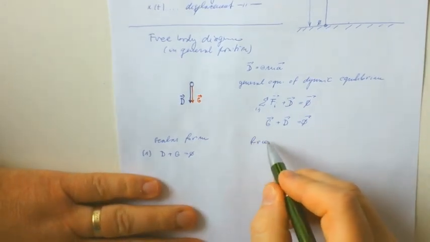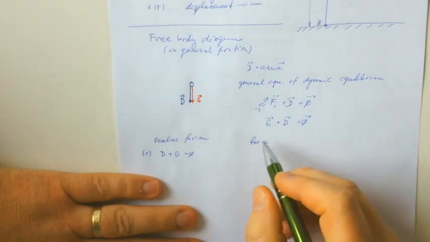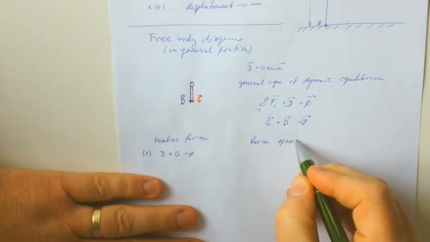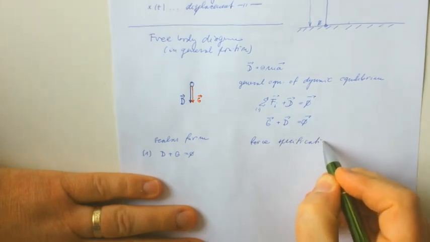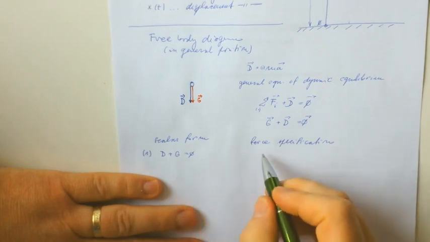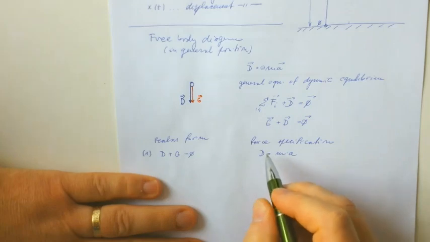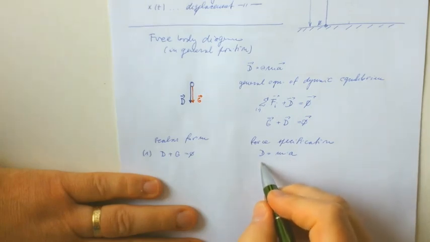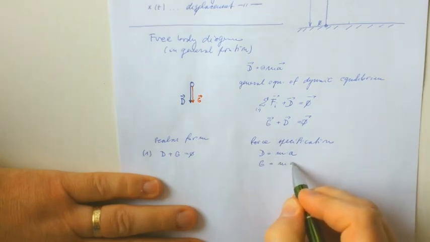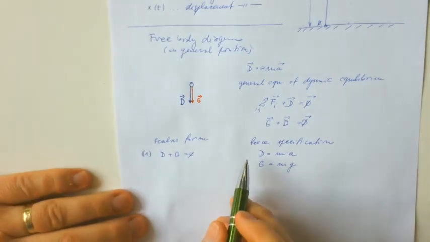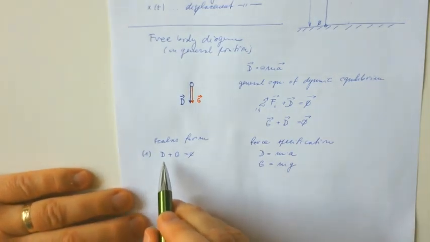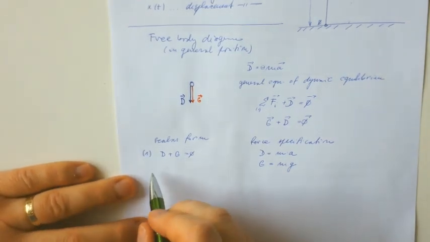We can add the so-called force specification, where we specify the D'Alembert force, whose value is m by a, and the gravity force is m by g, and we substitute it back into this force equation.